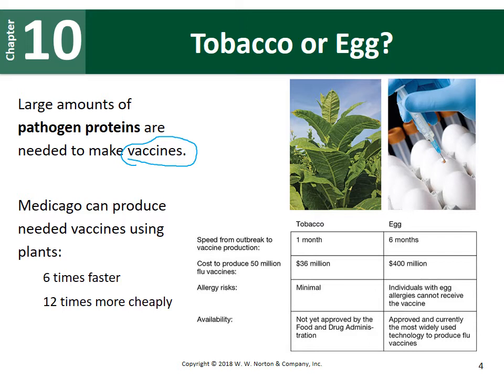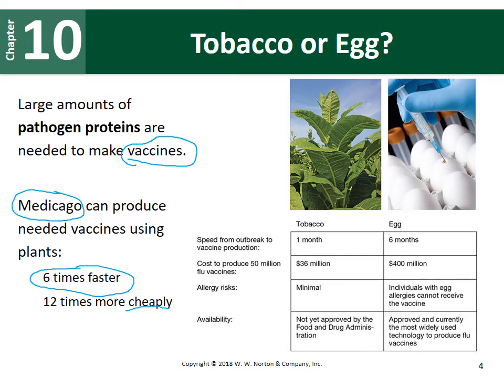So in order to create these pathogen proteins needed for the vaccines, this company is going to use plants instead of eggs. Two things that are really important: using the tobacco plants causes the pathogen protein to be created 6 times faster. It's also cheaper compared to growing these pathogen proteins in eggs.